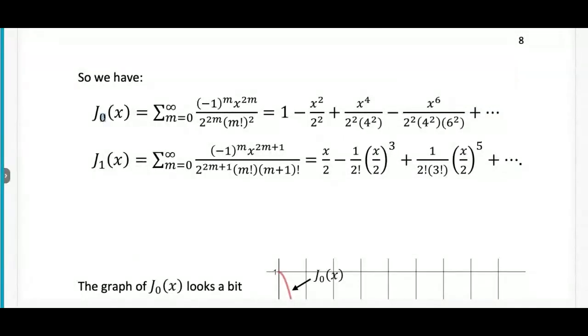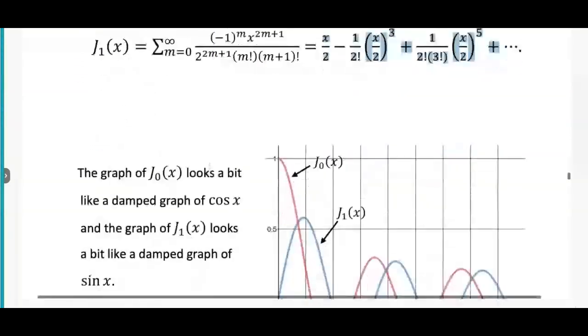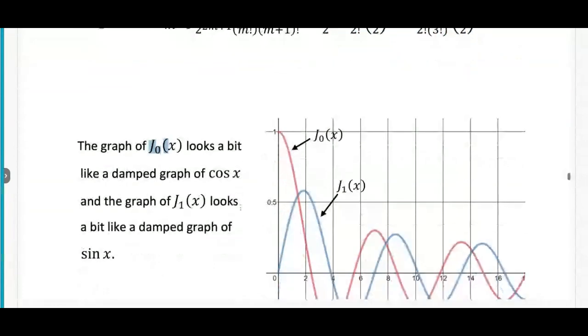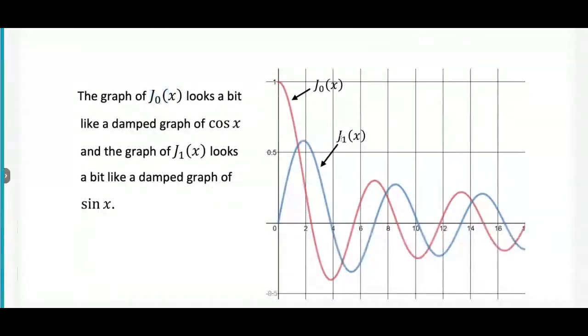For zero order, we just get this. For first order, we plug in and get some terms like that. So the graphs of the zero order and the first order look just like this.